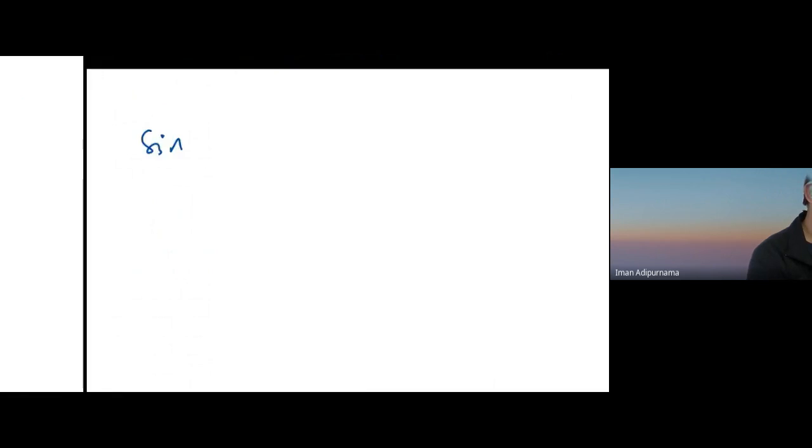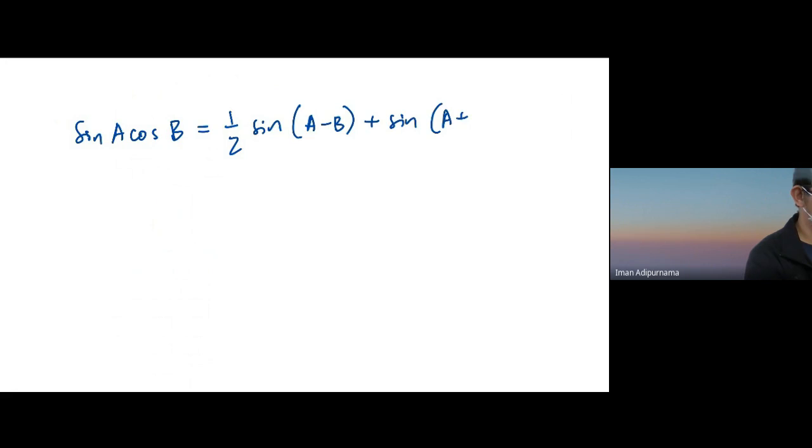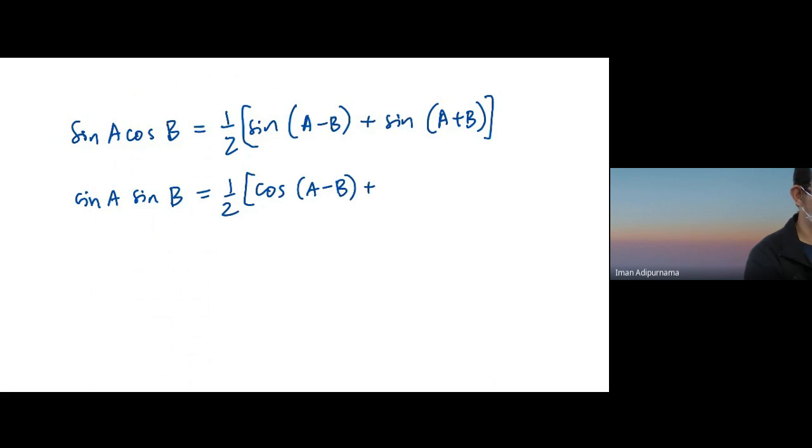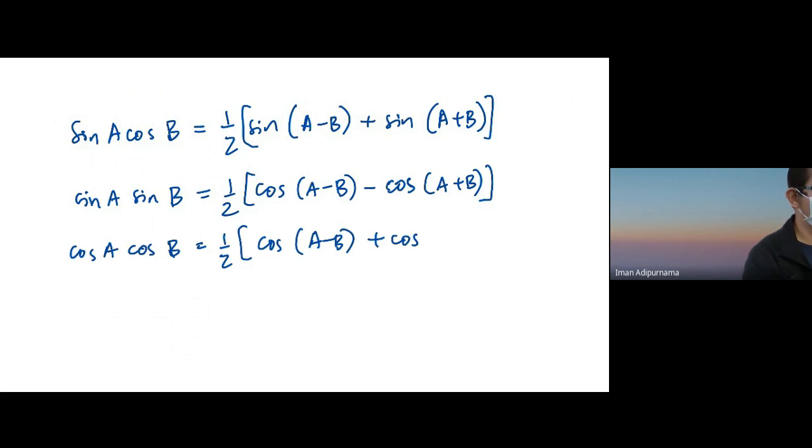If you have sine A cos B, if you remember, this is half of sine A minus B plus sine A plus B. And if you have sine A sine B, this is half cos A minus B minus cos A plus B. And then cos A cos B, this is plus. You can also use this part.